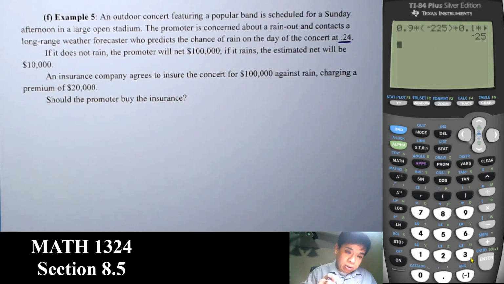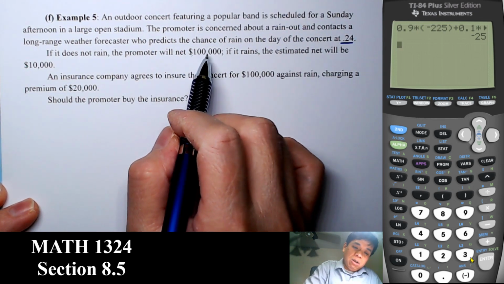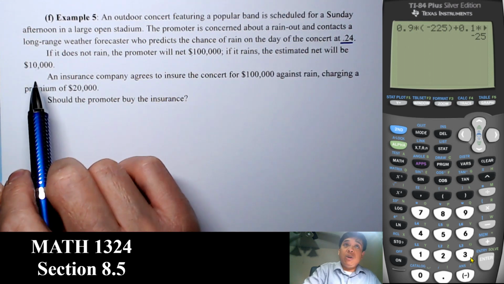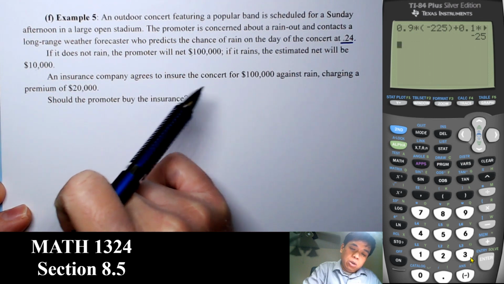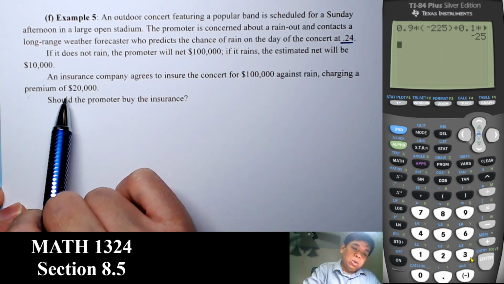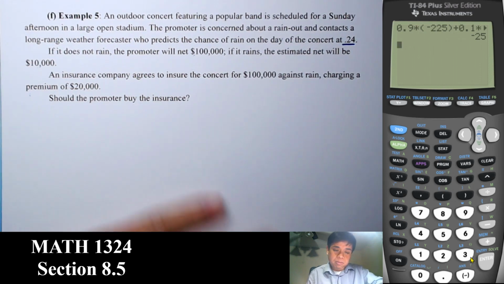If it does not rain, the promoter will gain 100,000. If it rains, the estimated net will be only 10,000. The insurance company will agree to insure the concert against the rain. Should the promoter buy the insurance? So in that case, we just find the expected values for each of the scenarios.